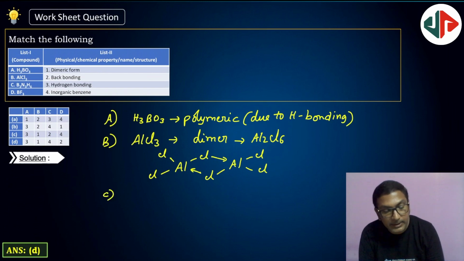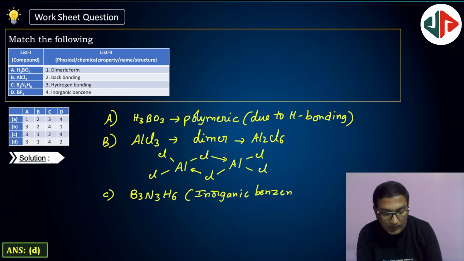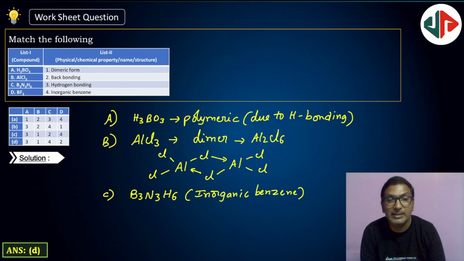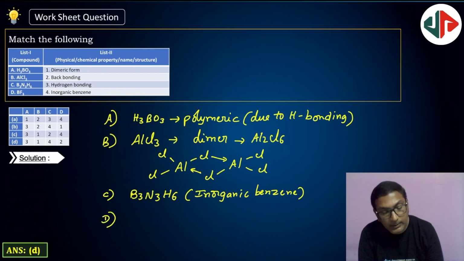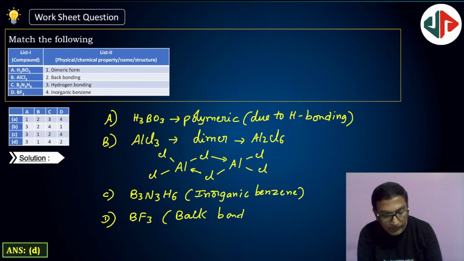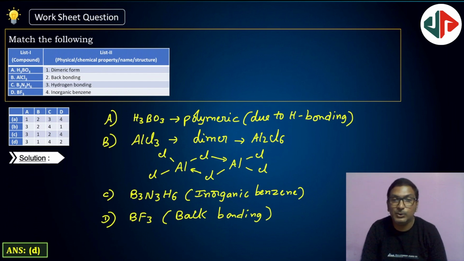Next, option C, B3N3H6. This is inorganic benzene, or borazole, or borazine. Next D, BF3. In BF3, as we have just discussed, back bonding is present. Back bonding is maximum in the case of BF3 due to effective 2p overlapping.